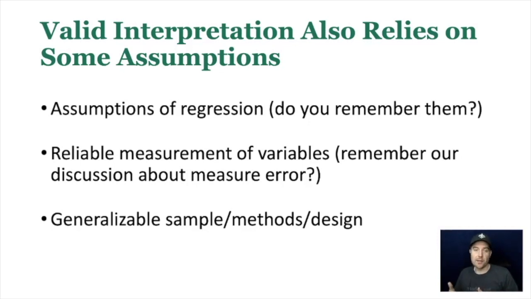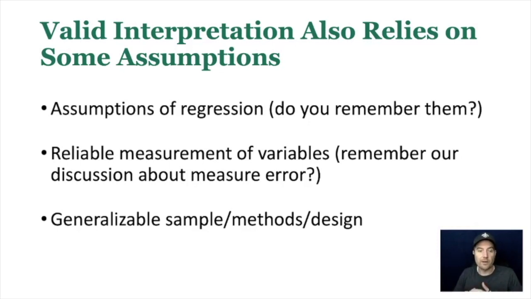And you need to consider, is the sample, or are the methods, is the design, or all those things generalizable? If we have a very particular sample that has a lot of weird attributes, we used weird methods or novel methods, or our design was unique, then we might not be able to generalize our effect size that we found to other studies or other situations.